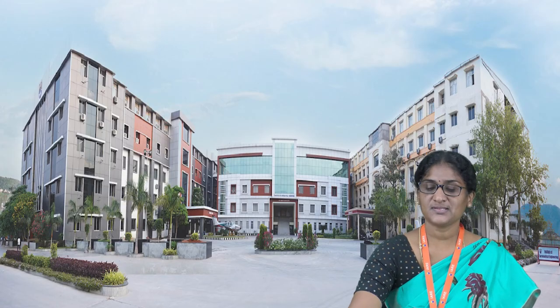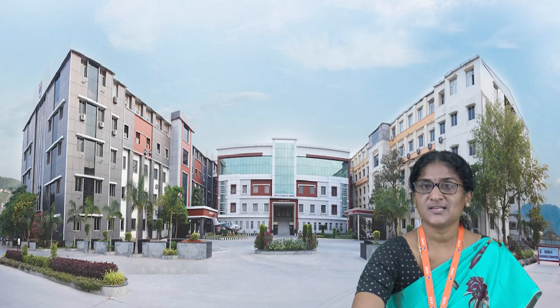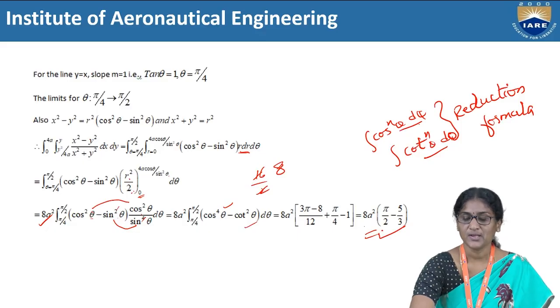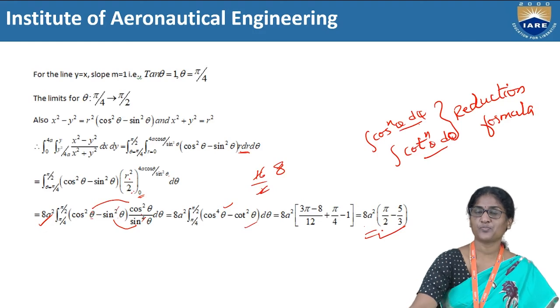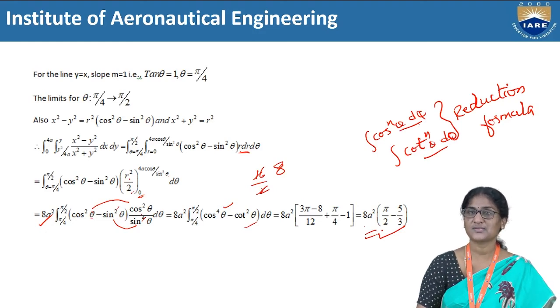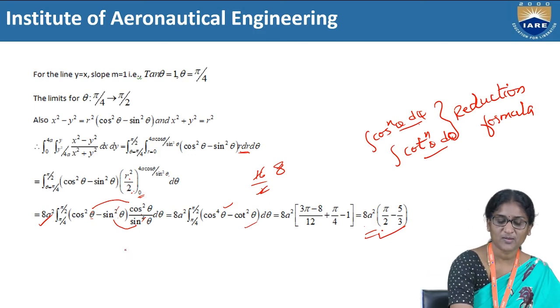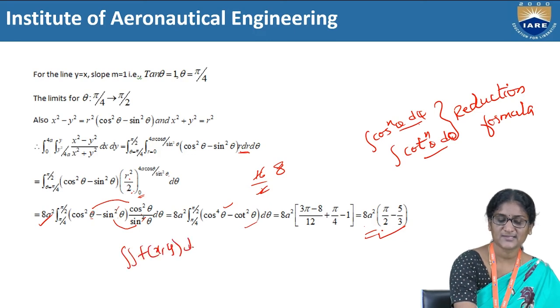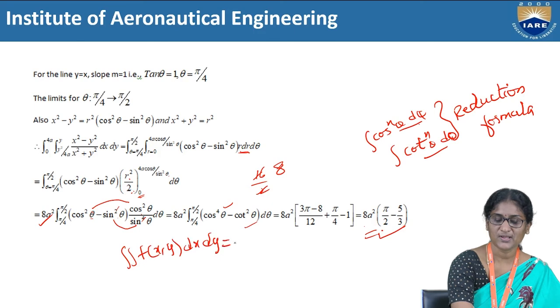Now, this is how we can do the problem very easily by converting it to polar coordinates. So I'll repeat once again, whenever you're doing a problem in polar coordinates or Cartesian coordinates, you first have to find out the Jacobian value. The double integral of any function f, when it is reduced from dx dy to some other coordinates, is nothing but f of u comma v into the Jacobian value into du dv.